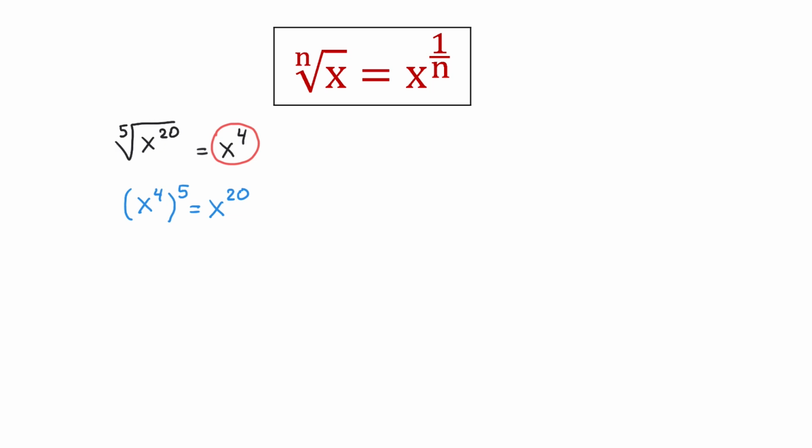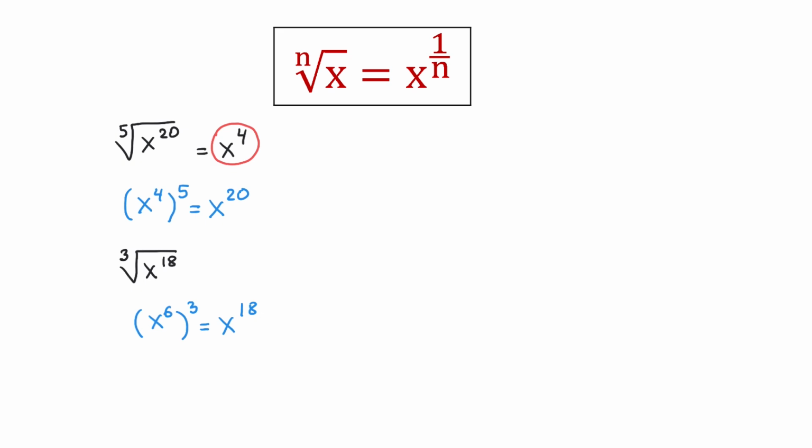Now, let's see a similar example. This time, we will have the cube root of x to the 18th power. Again, we need to find something that we would raise to the third power and we would get x to the 18th. That would be x to the 6th power, because 6 times 3 is 18.